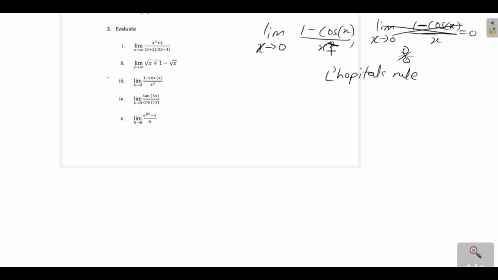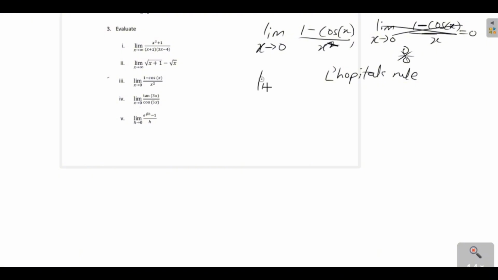Now if we do that and we are still getting an indeterminate form, then we need to keep on differentiating. Now mind you, you are not differentiating this whole expression so that you would use the quotient rule. No, you are just differentiating the numerator separately, and then you differentiate the denominator also separately. So we are going to apply L'Hopital's rule to calculate the limit for this expression.